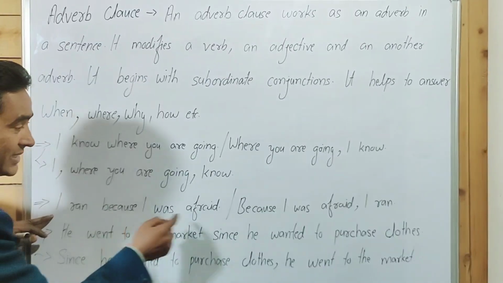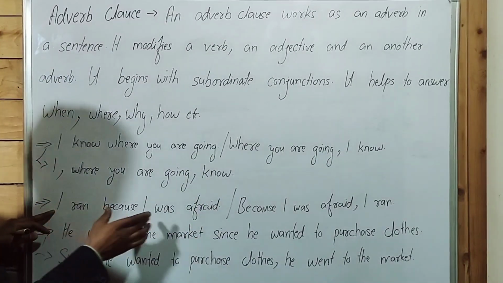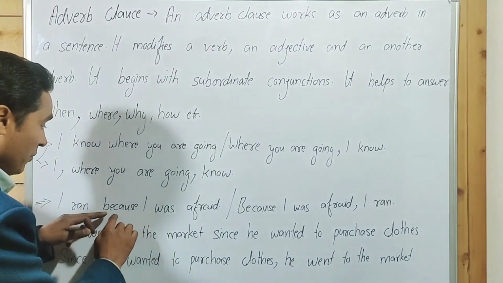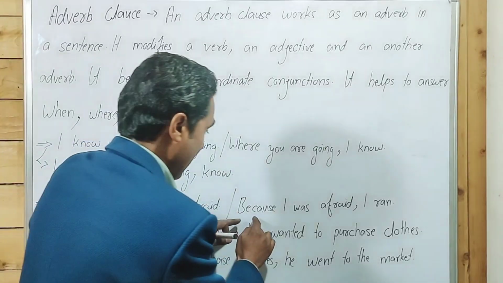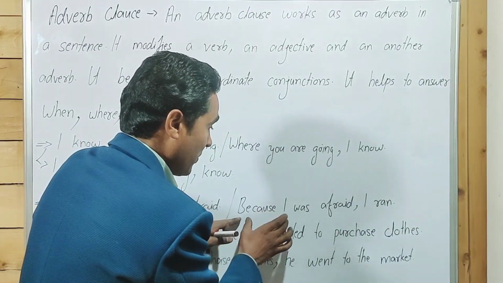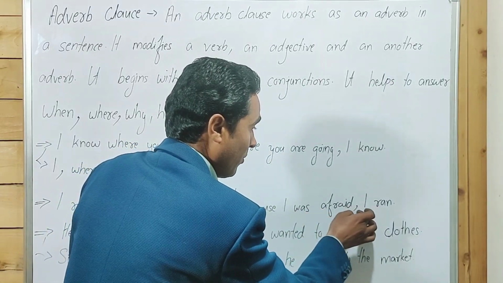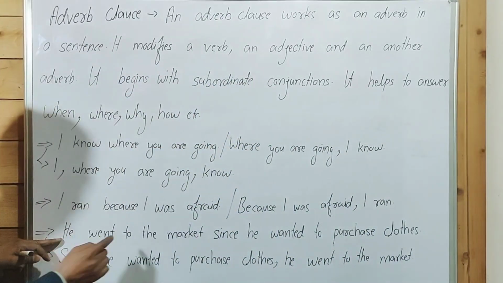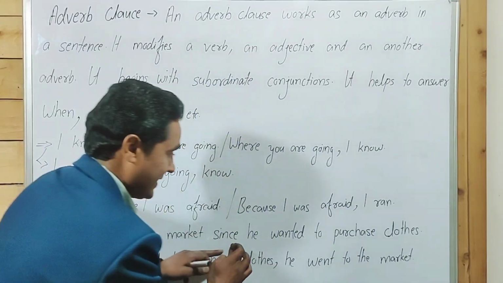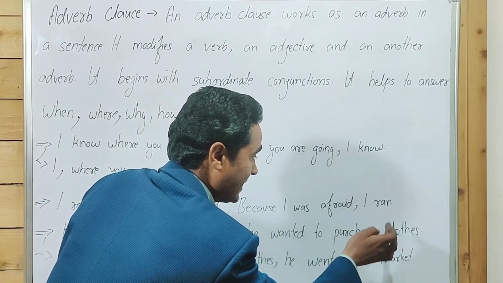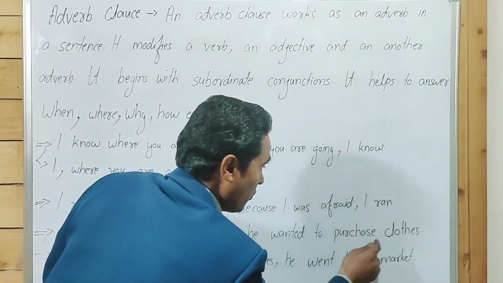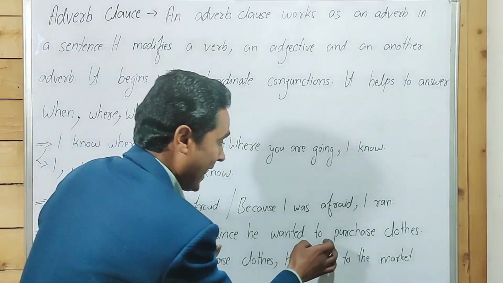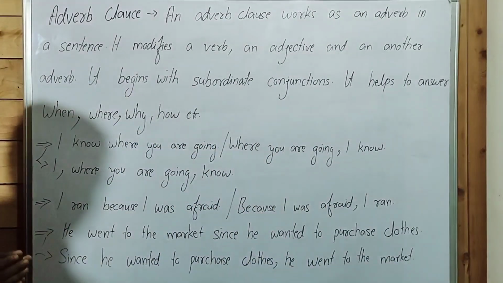I ran because I was afraid. Because I was afraid is an adverbial clause. This sentence can be written: because I was afraid, comma, I ran. He went to the market since he wanted to purchase clothes. Since he wanted to purchase clothes is an adverbial clause.